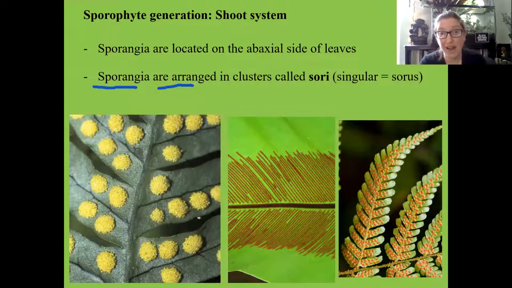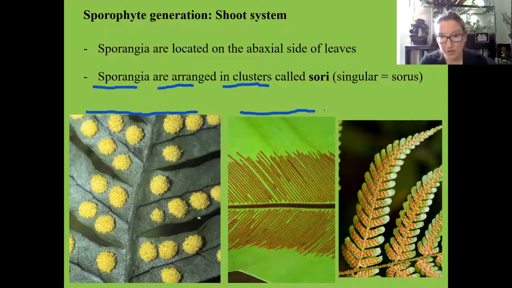And when they are arranged together, we call the things they're arranged in clusters, which are called sori, the singular sorus.